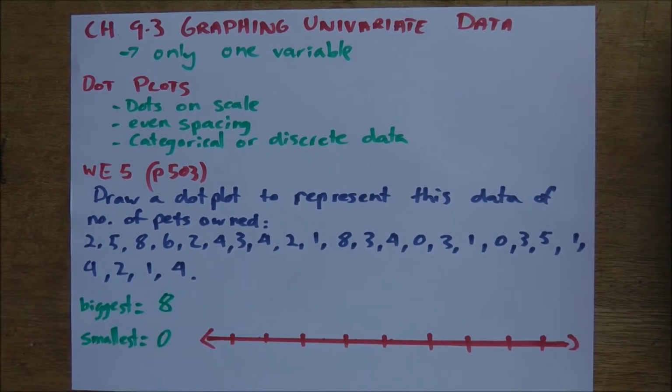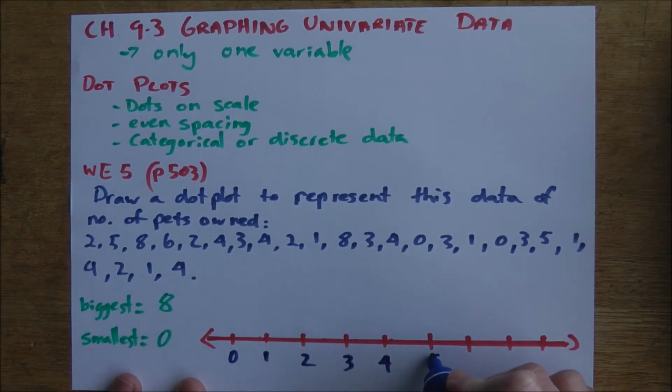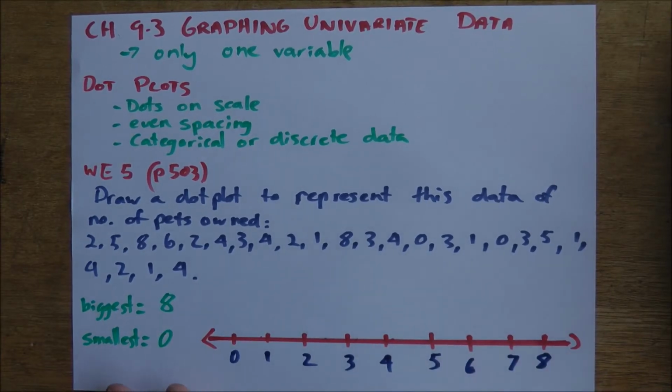So my number line must go between 0 and 8. These spaces should be spaced out very evenly, and typically it would be good to get a ruler and measure the distance and make sure it's the same for all of them. So we're going to go 0, 1, 2, 3, 4, 5, 6, 7 and 8.